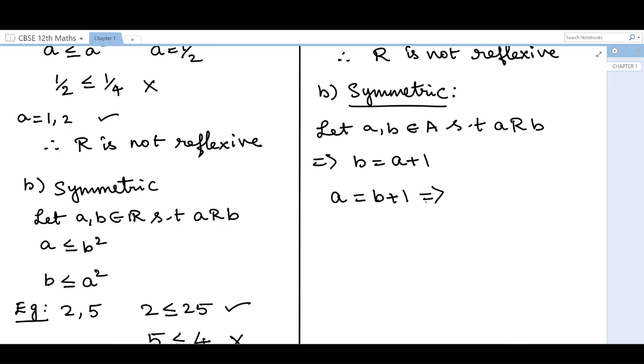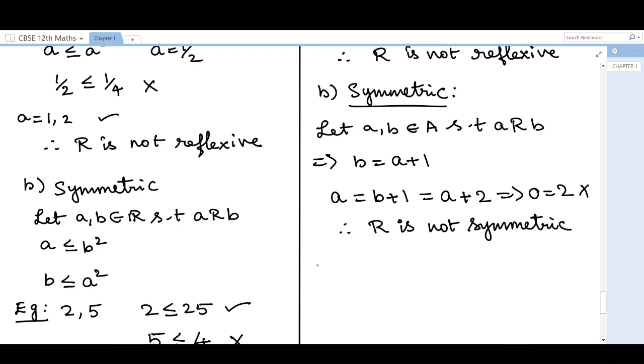But what we know about B is B equal to A plus 1, so A equal to A plus 2. So this implies 0 equal to 2. This is not true. Therefore, B is not related to A. This implies the relation R is not symmetric.